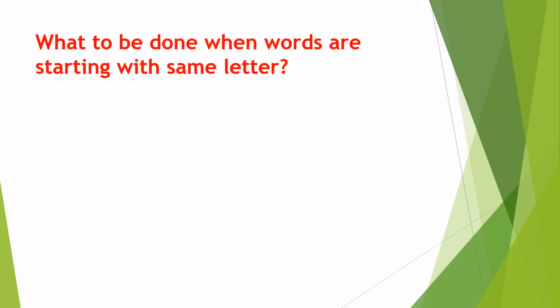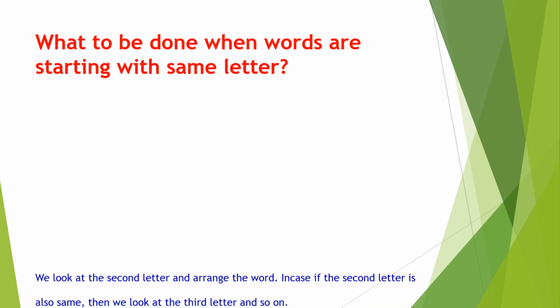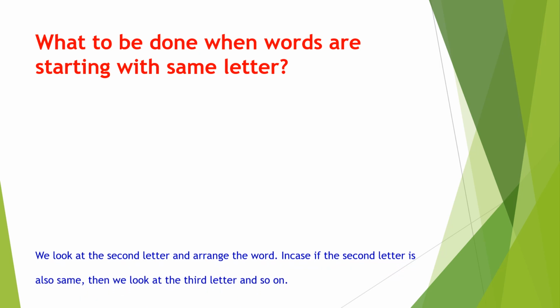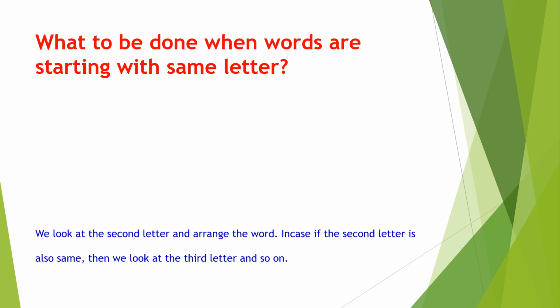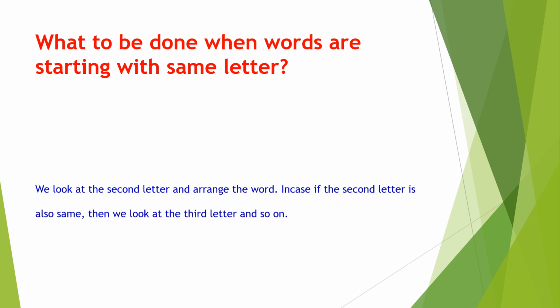Dear students, it is very easy to write the words in alphabetical order when they start with different letters. But what if they are starting with the same letter? In that case, we need to follow a simple rule, which is if the first letter of the words is the same, then we need to look at the second letter and arrange the words.